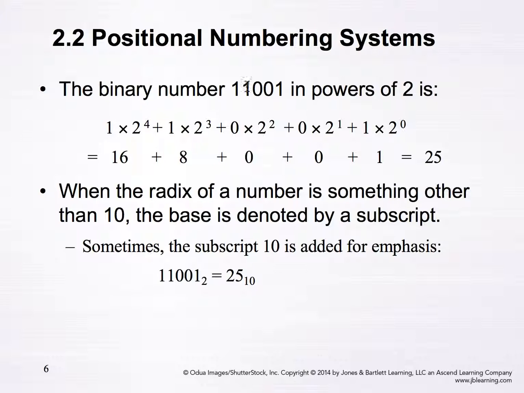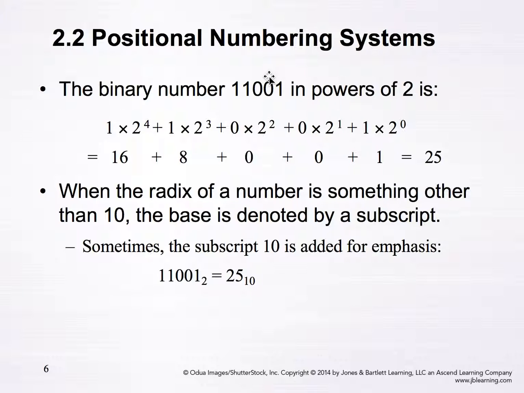Then the second digit here is 1, and it has index 3, so we have 1 times 2 to the power 3. The next digit has index 2, so this value is 0 times 2 to the power 2. The next digit has the value 0, so we have 0 times 2 to the power 1.